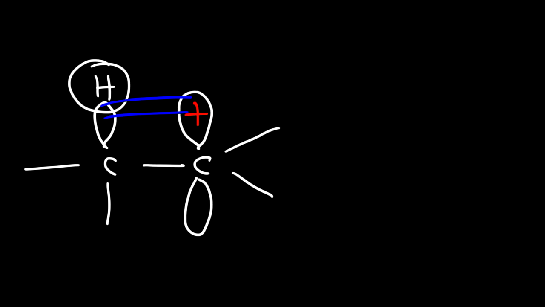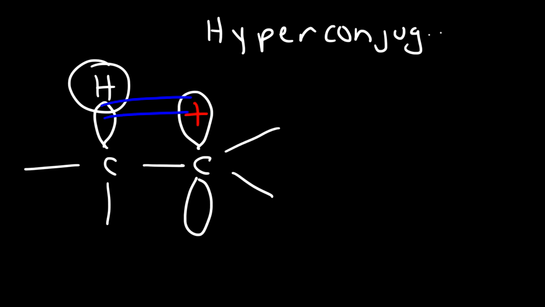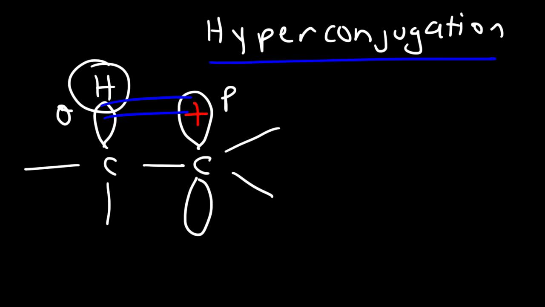Now, these 2 orbitals can overlap, and when that happens, the carbocation can be stabilized by a process known as hyperconjugation, which is related to the overlap of these atomic orbitals. So the sigma bond of the CH bond, its orbital can overlap with the empty p orbital, thus helping to stabilize that carbocation. So that's another way in which a methyl group can stabilize a positive charge on a carbon. It's by the inductive effect and by hyperconjugation.